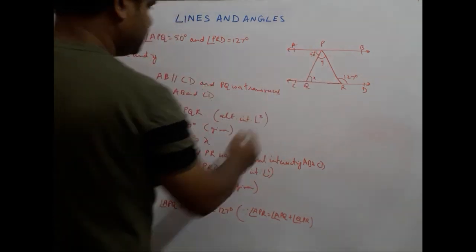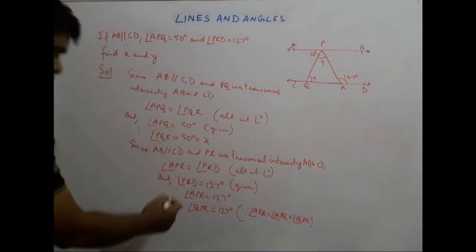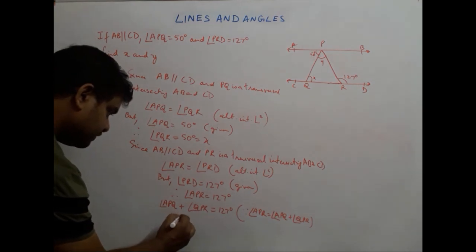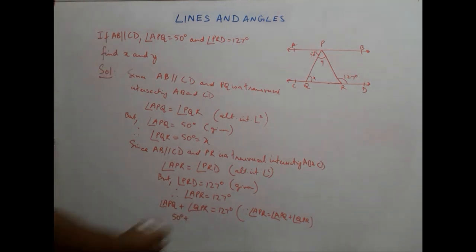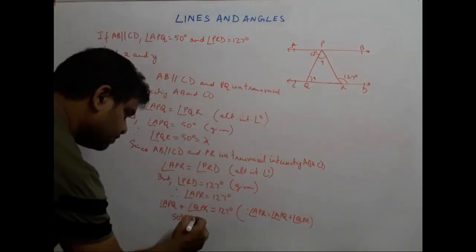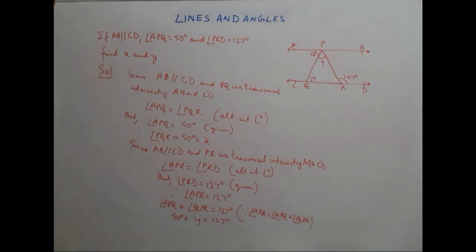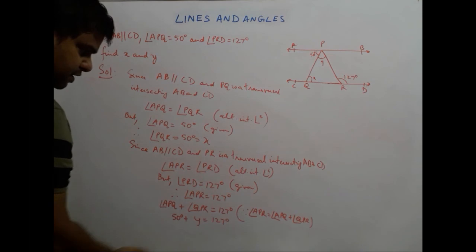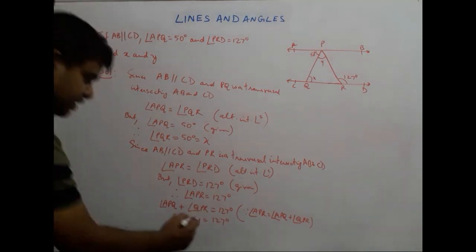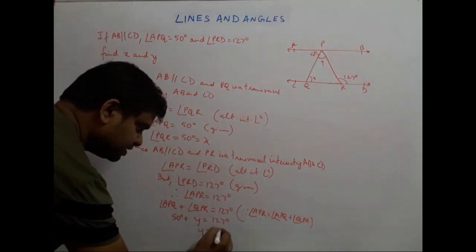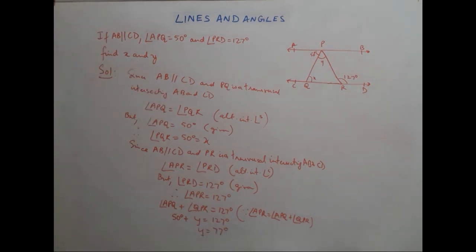APQ is nothing but 50 degrees, and QPR we write as Y. This is equal to 127 degrees. Got it? Now when we take 50 to the other side, it becomes negative. So 127 minus 50 gives us Y equal to 77 degrees. So that's how we get Y.